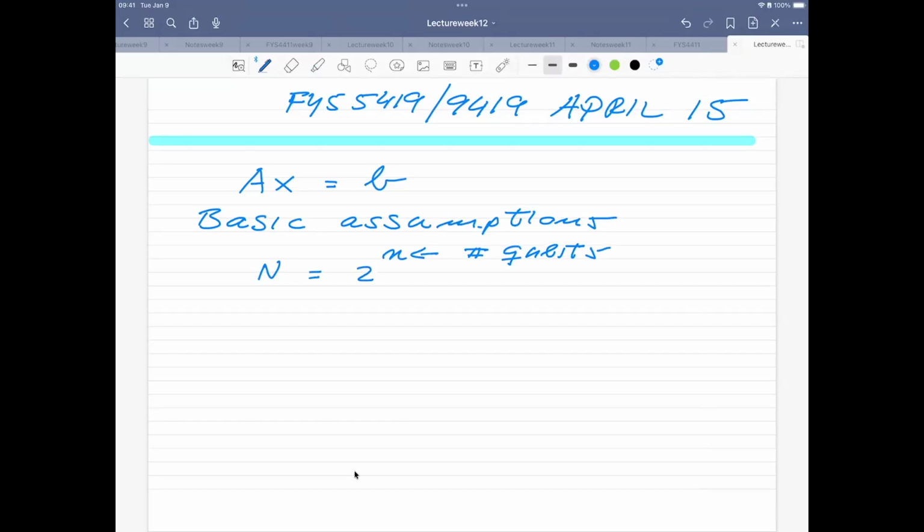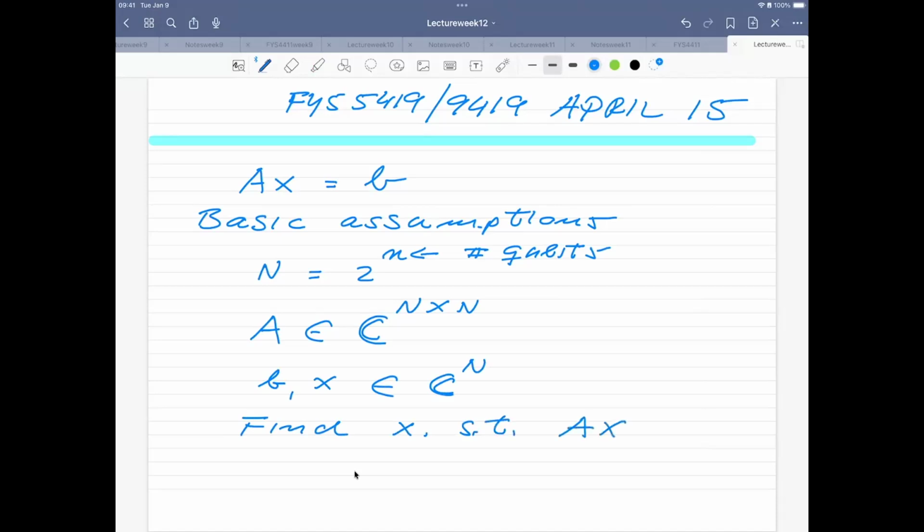We are going to assume that this matrix A is a complex matrix which has dimensionality N times N. The vectors B and X are obviously vectors, so they have dimensionality or length N. So we want now to find X so that X is a solution of AX equal to B, and that means that X can then be written as A inverse multiplied with B.